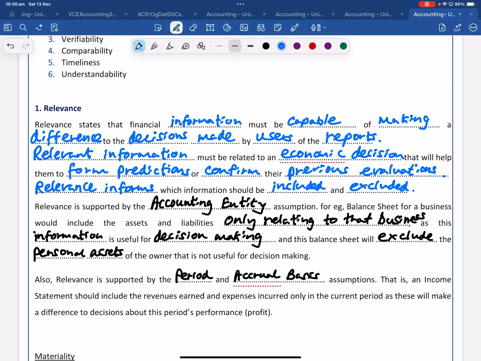Otherwise, we have included the owner's personal liabilities. Some people would think this business has a lot of loans, because the owner has included personal loans in the business information. That's wrong.